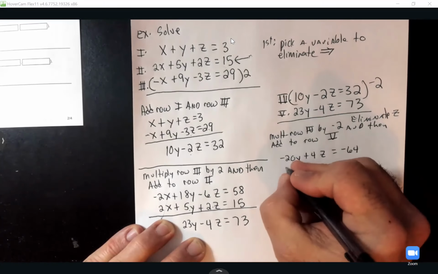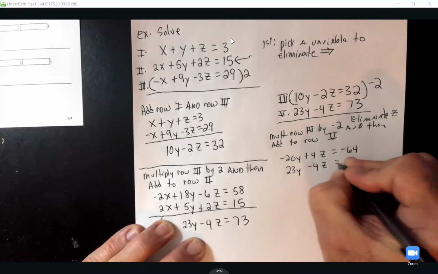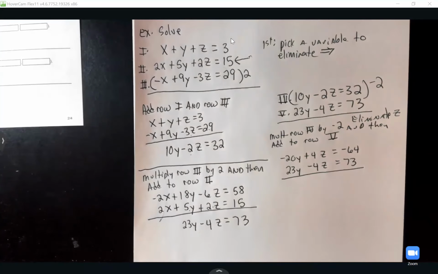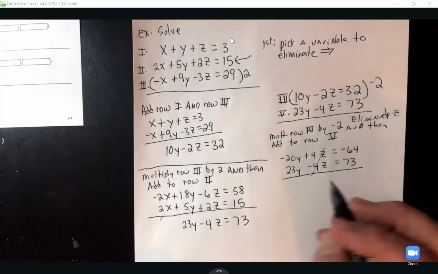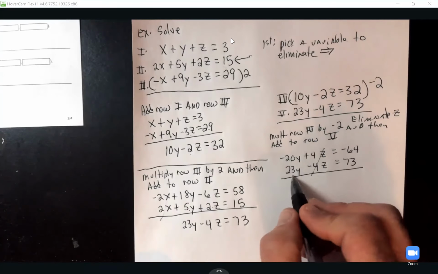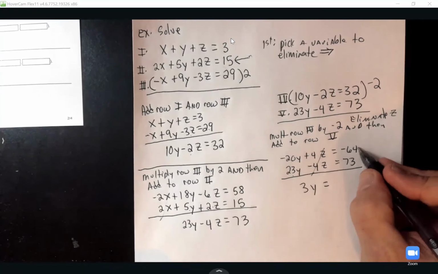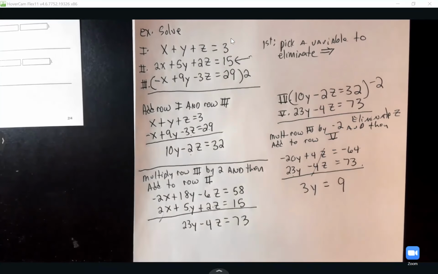Bring down row 5, which was 23y minus 4z equals 73. See, it was easier to do the z's on that one because they're now going to cancel. So -20 and 23y give you 3y. -64 and 73 give you 9.